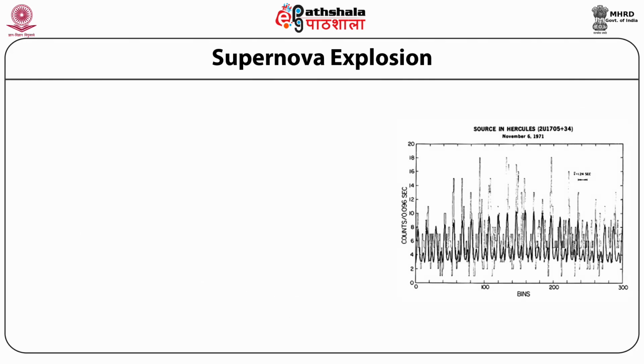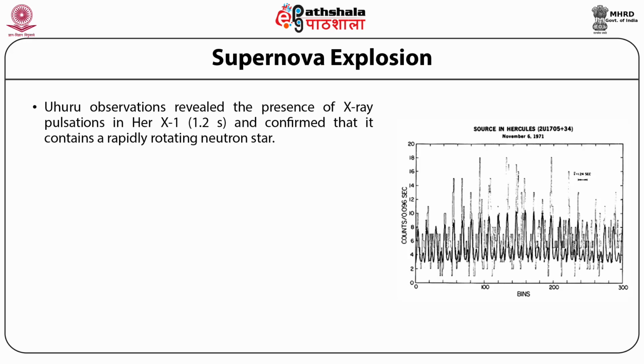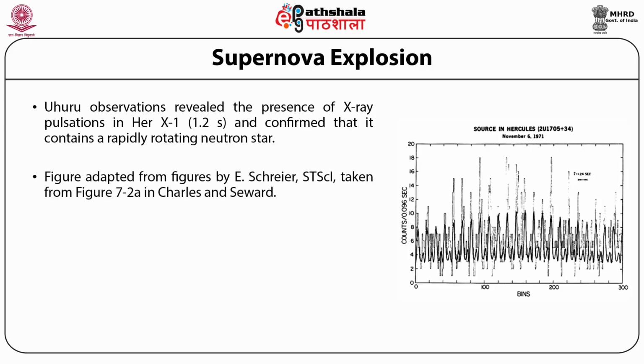In the second figure, Uhuru observations revealed the presence of X-ray pulsations in Hercules X-1 and confirmed that it contains a rapidly rotating neutron star. Figures adapted from figures by E. Scherer, STScI, taken from Figure 7.2A in Charles and Seward.